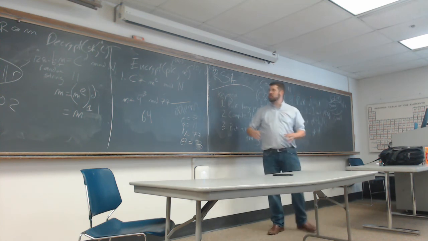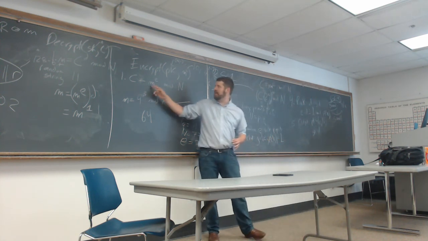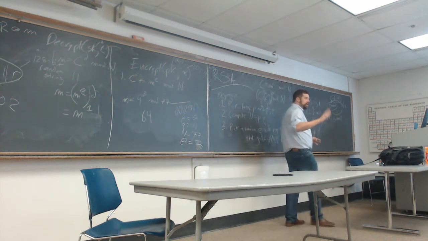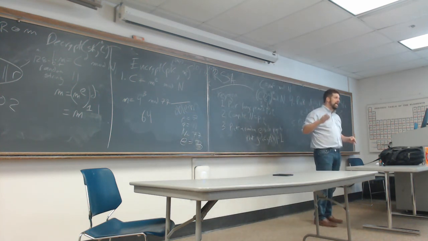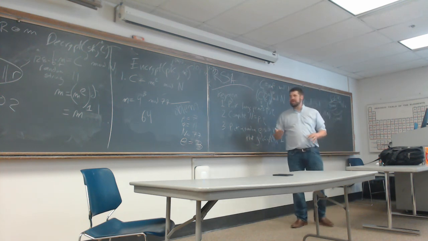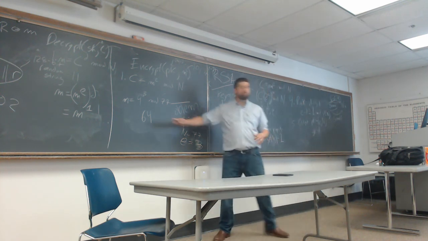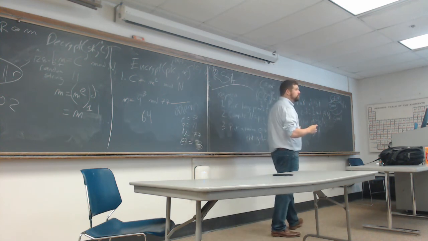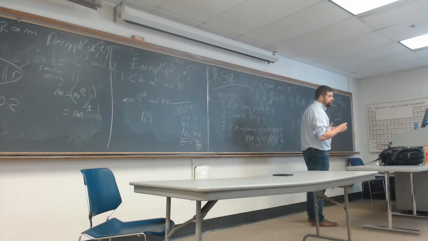But if it doesn't go past n, in other words, if m to the e, forgetting about the modular arithmetic, is actually less than n, then this is basically equivalent to simple exponentiation. So for small exponents and small messages, RSA can actually be totally insecure.